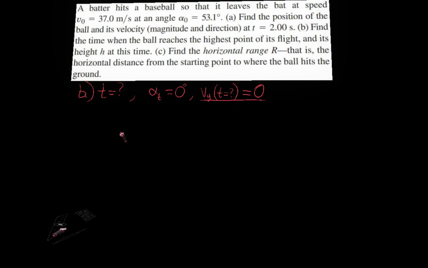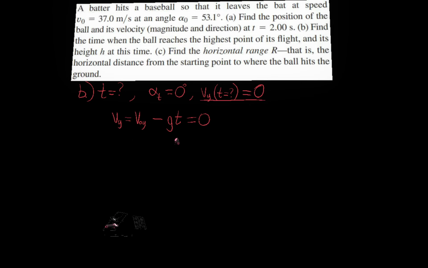So we have this equation for Vy. Vy is equal to V naught y minus gt. We worked with this in part A. And we know that Vy must equal 0. So this whole thing must equal 0. So now we just solve for the time, because that's one of the first things that we're asked to look for. Find the time when. Well, here we have our equation. g is a number. V naught y we know.